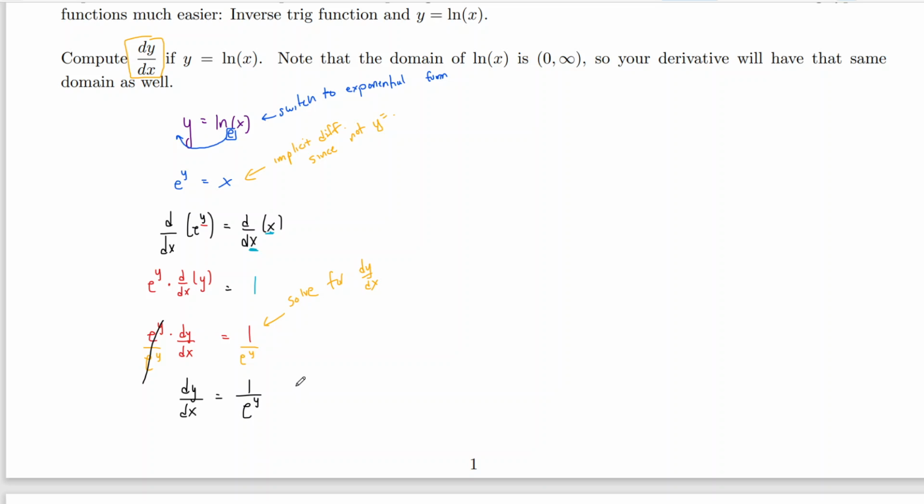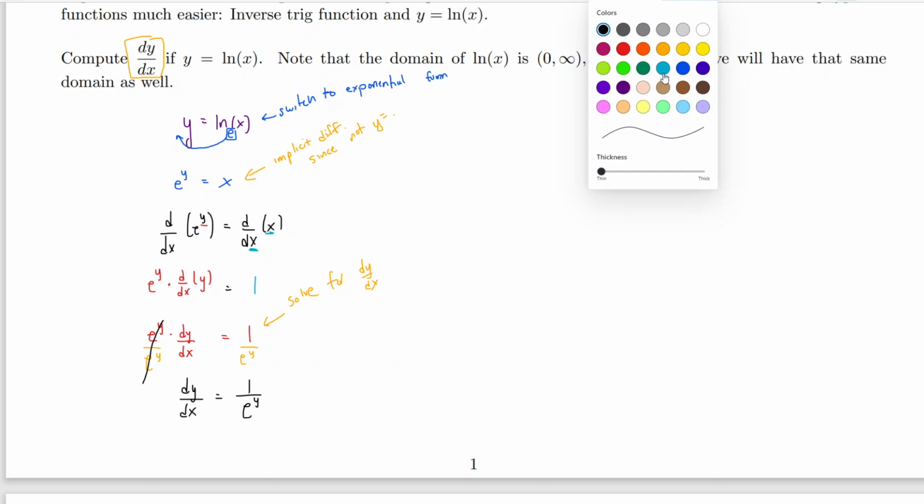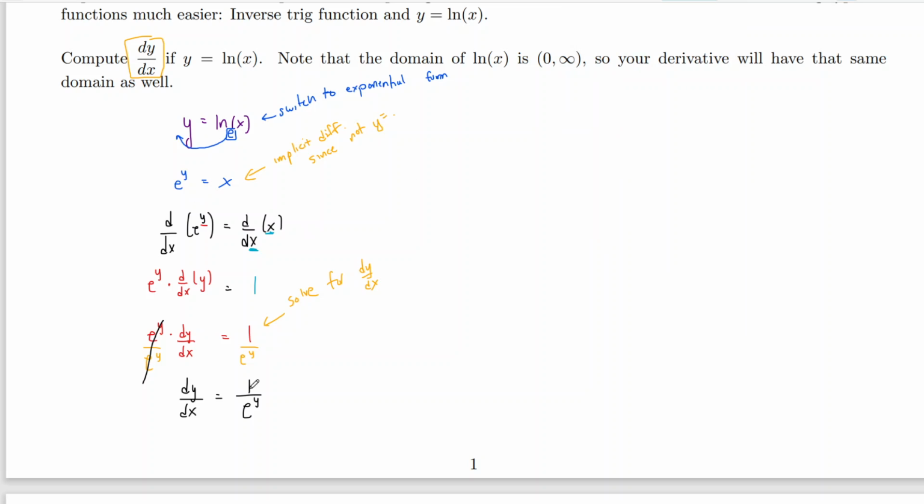Now, in a lot of examples with implicit differentiation, once you get here, you're done. But because this is the special natural log rule, we can actually go further, because e to the y actually equals x.